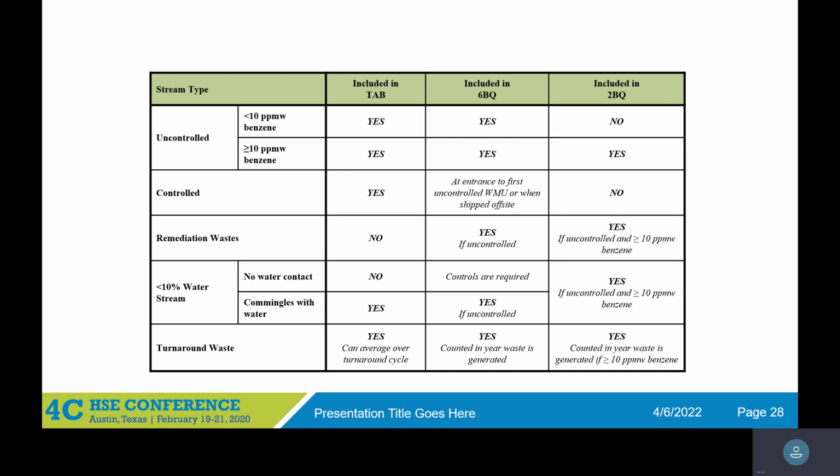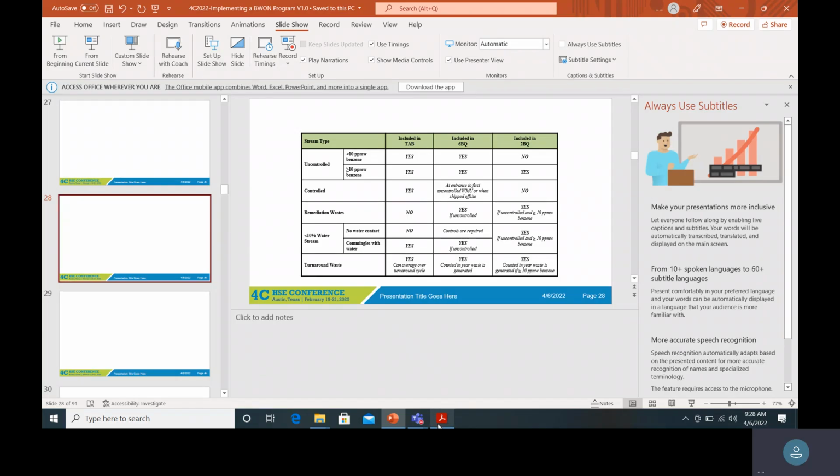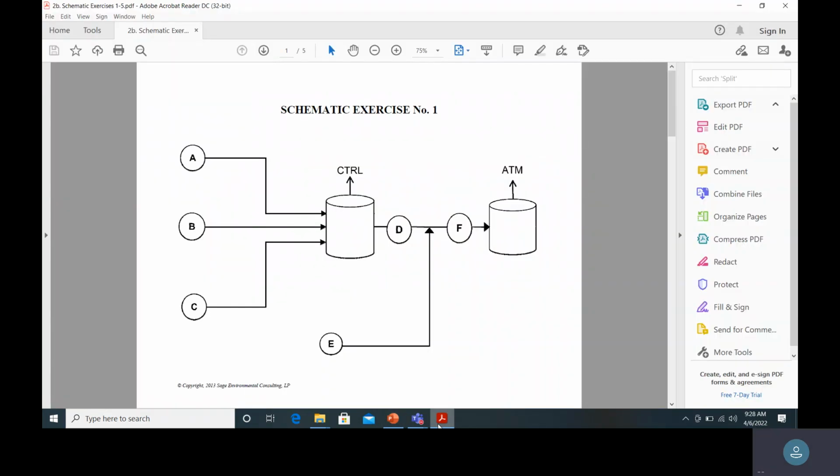Why is A included, if it's 10,000 ppm but it's less than 10% water? Eventually it will commingle, right? Eventually you will go through something where all these other streams will make it greater than 10%.